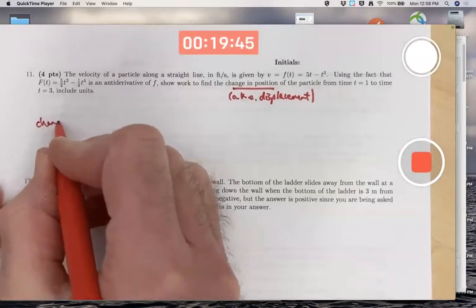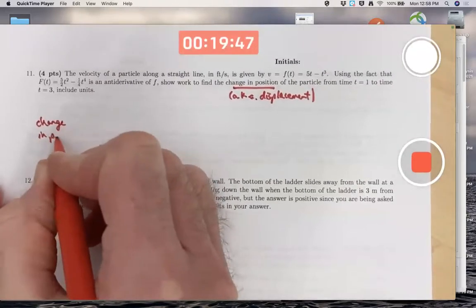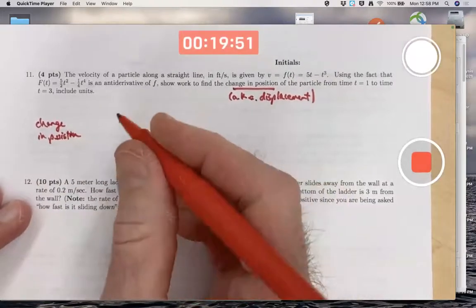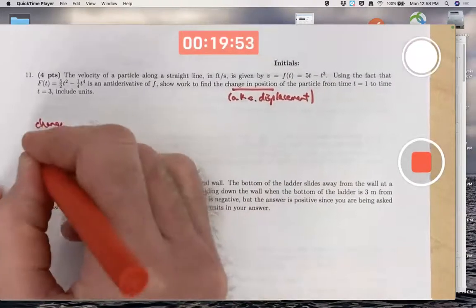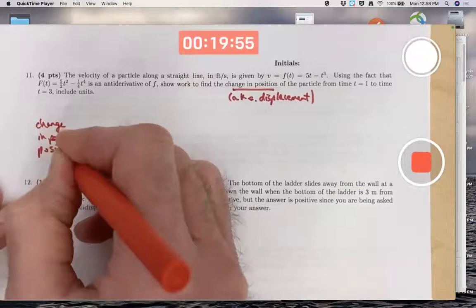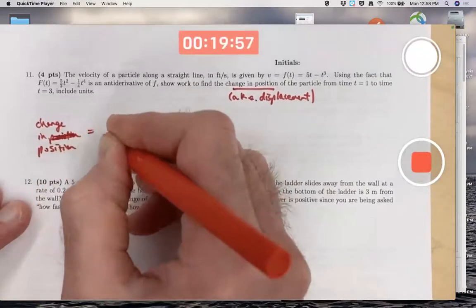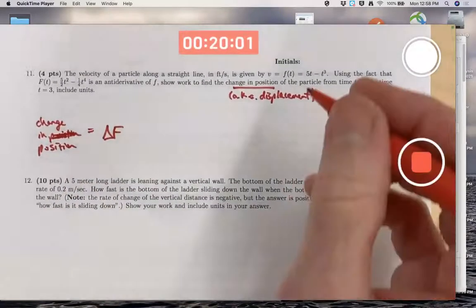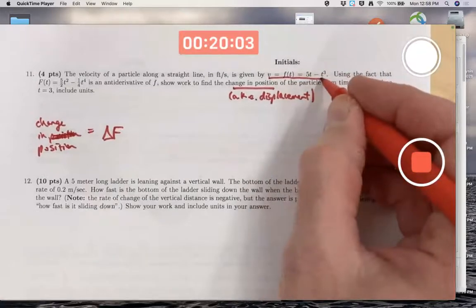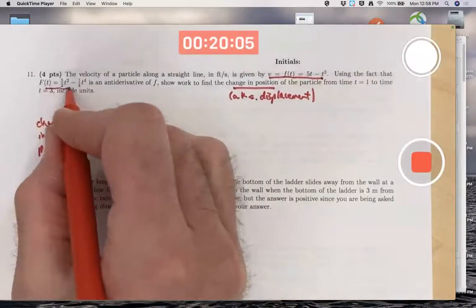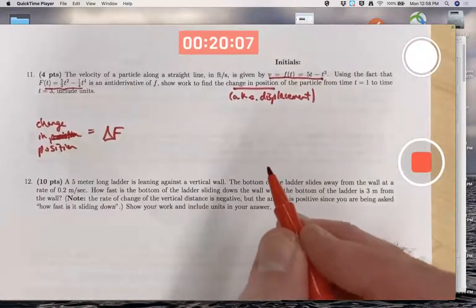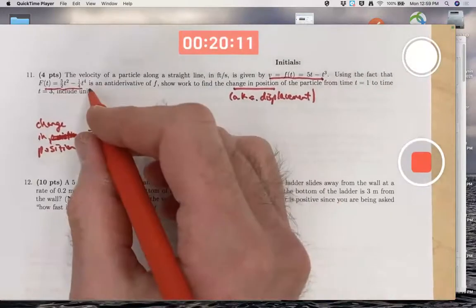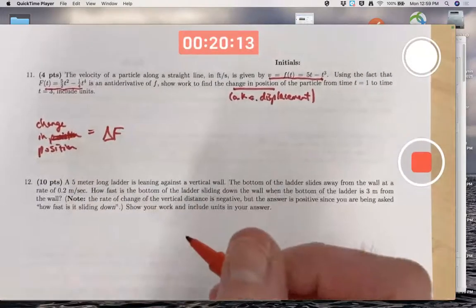Change in position, symbolically represented by delta capital F. If little f is the velocity, its antiderivative can be thought of as the position, at least if you choose the origin appropriately. This would assume you start at position 0.